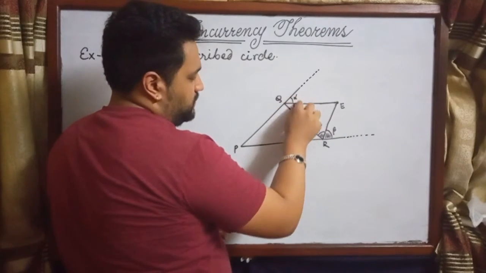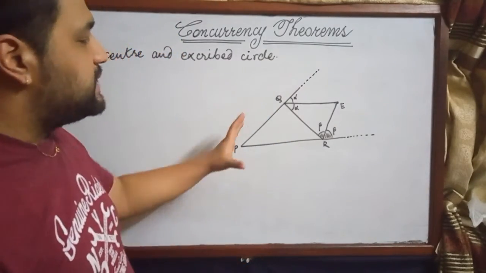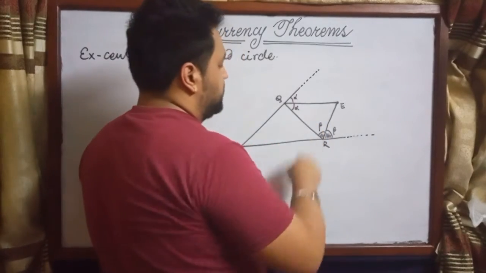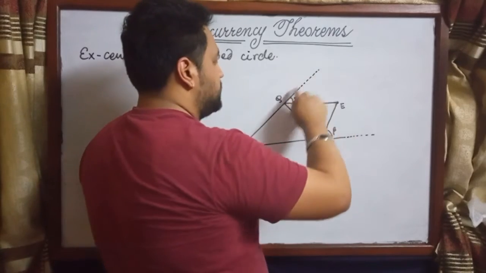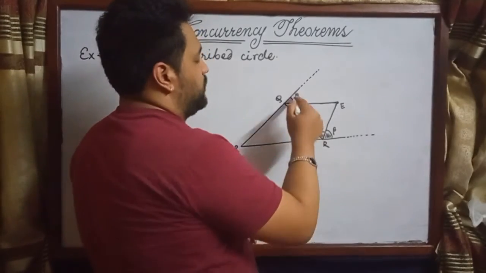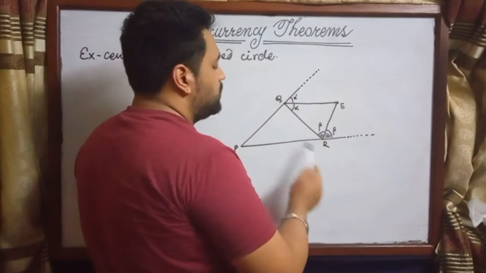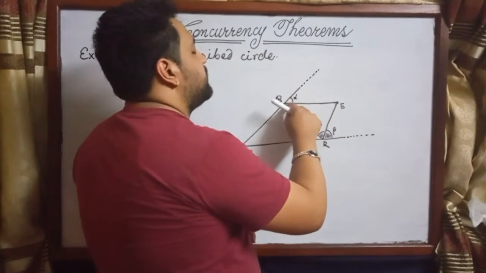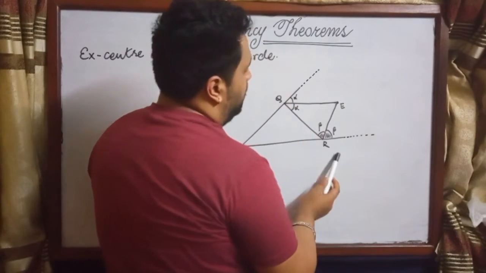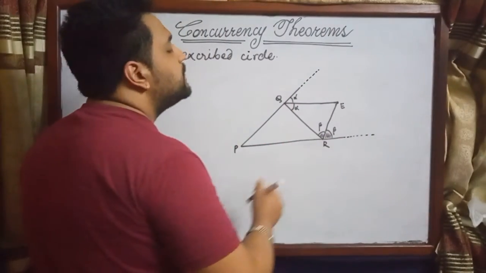If we call the angles inside the triangle internal angles, then this supplementary angle, when we extend, 180 minus Q, is what we call the external angle of this triangle at Q. Similarly at R, we've considered the bisectors of the external angles at Q and R, which we have supposed to meet at E.